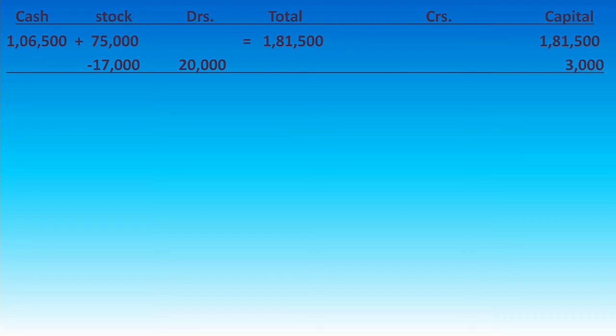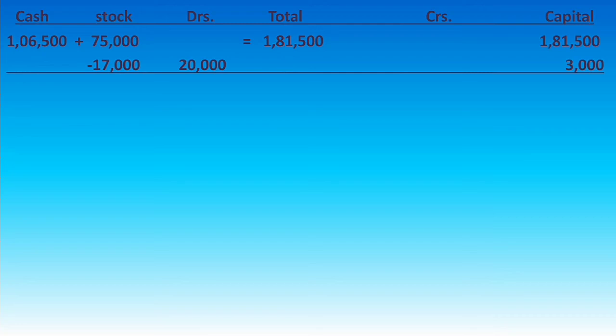And sold goods on credit to Manish. Credit sales to Manish, the amount is not received. It is receivable from Manish, and he is a debtor and is an asset. The amount receivable from him is 20,000. So we can write 20,000 in the debtors column also.